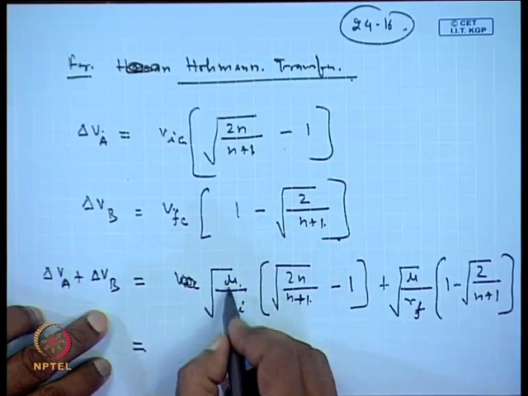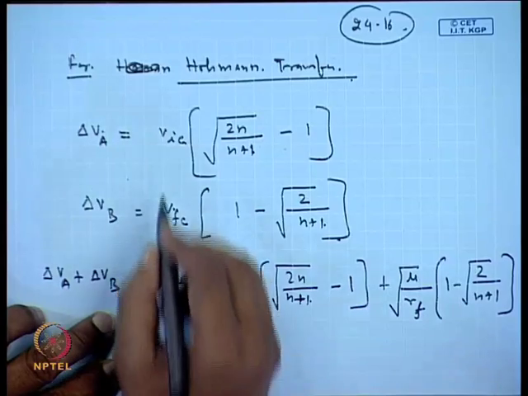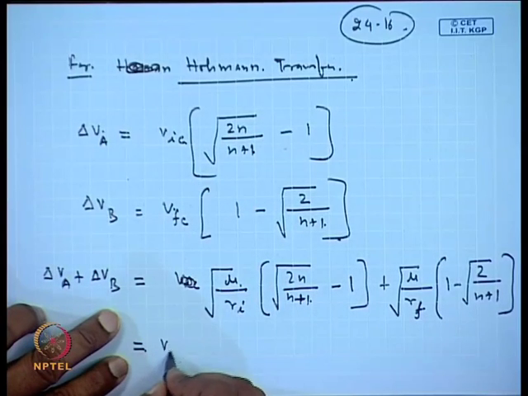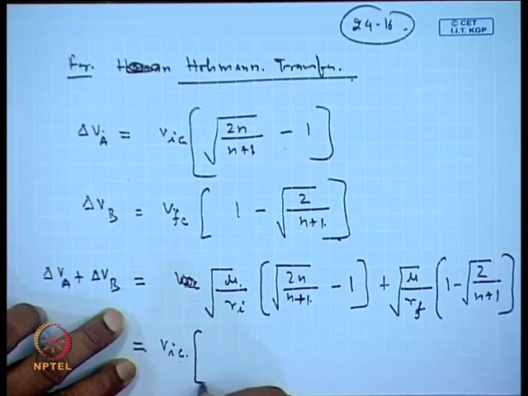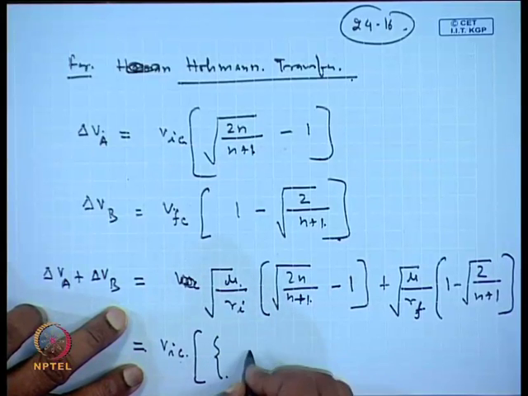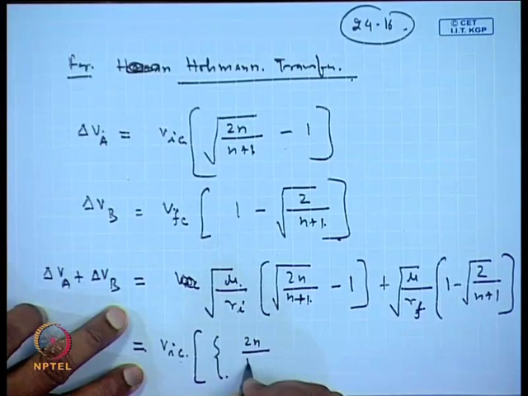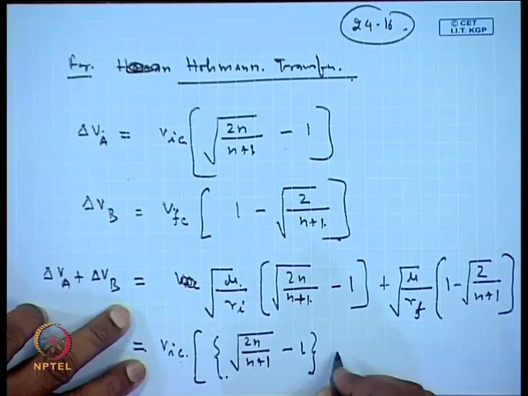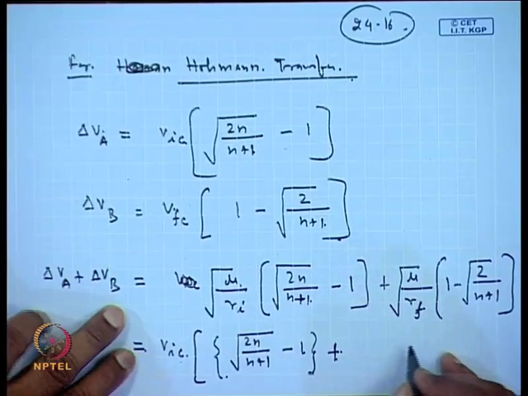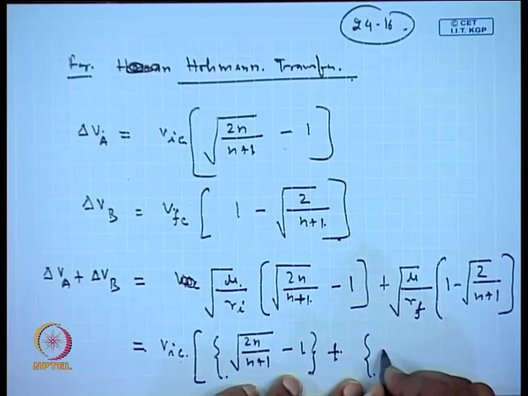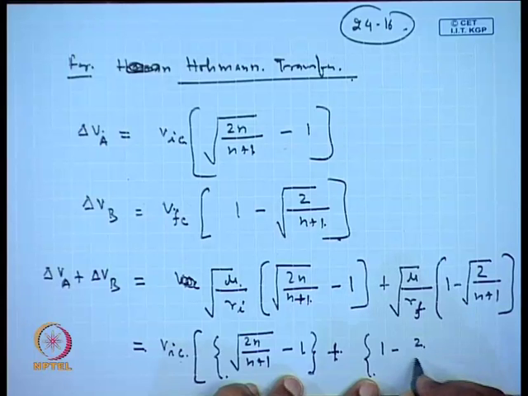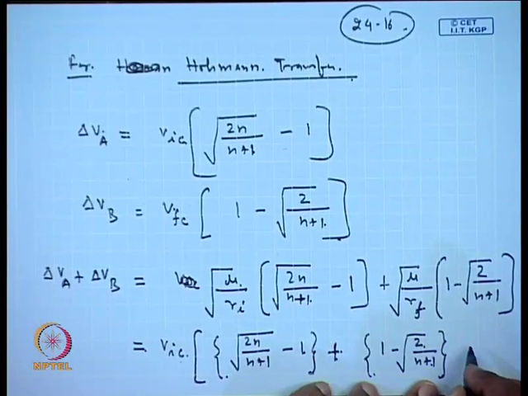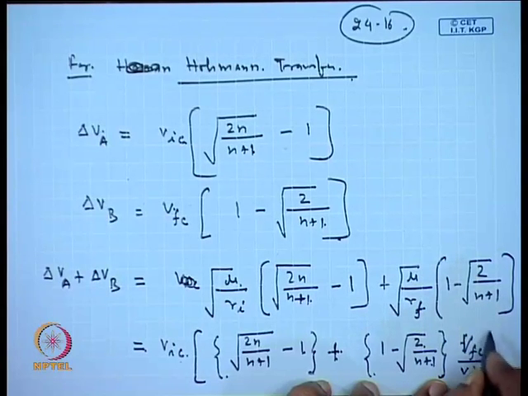So, if we take V_ic as the common factor, what we get here is square root of 2n by n plus 1 minus 1, plus square root of 1 minus 2 by n plus 1, into V_fc by V_ic.